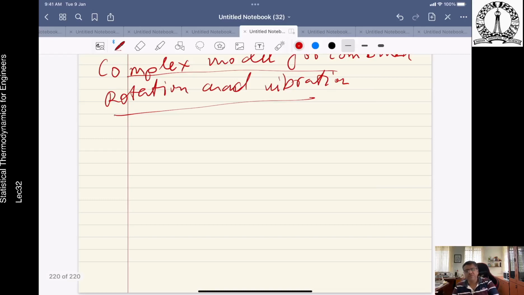We'll see what the Stokes component is, but you can look at this example and apply the selection rules and work it out. So this will give us a good idea. We are not covering this in this particular lecture, but you can take a look at it, which is example 7.1 in the book, chapter 7. But let us just do a little bit of a discussion on the complex model.